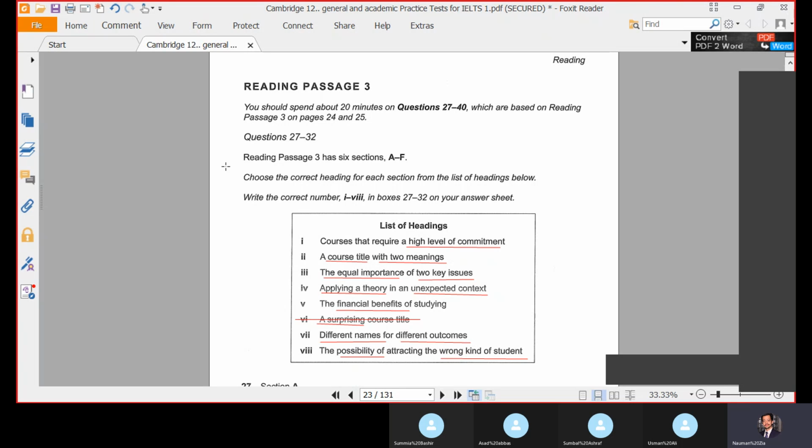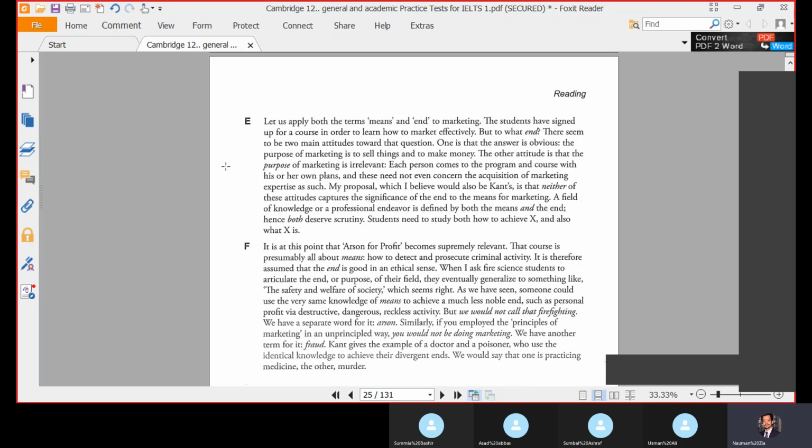Eight, the possibility of attracting the wrong kind of student. Now we have to select one from the seventh and the other one is three. No, sorry, two. A course title with two meanings, or different names for different outcomes. Which one will be correct? Let's check it out once again within 10 seconds. Last 4 lines.